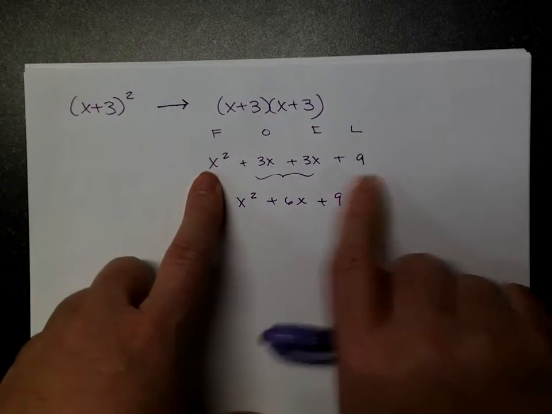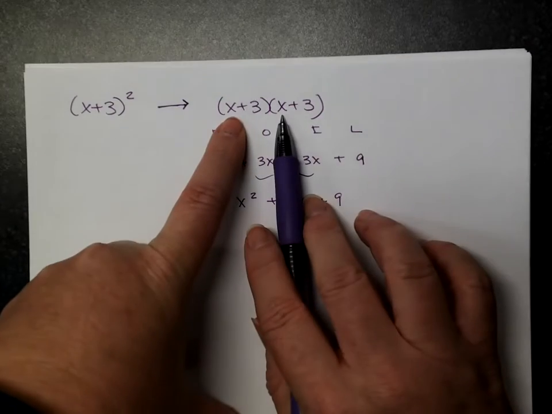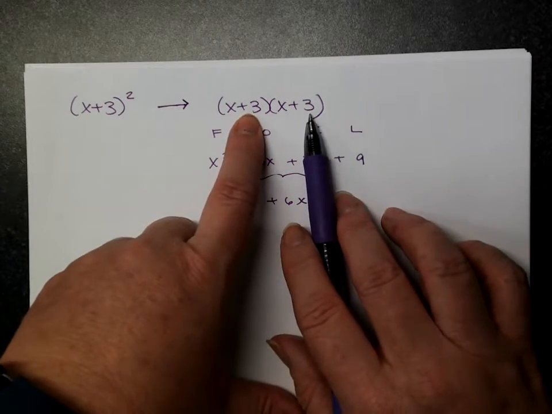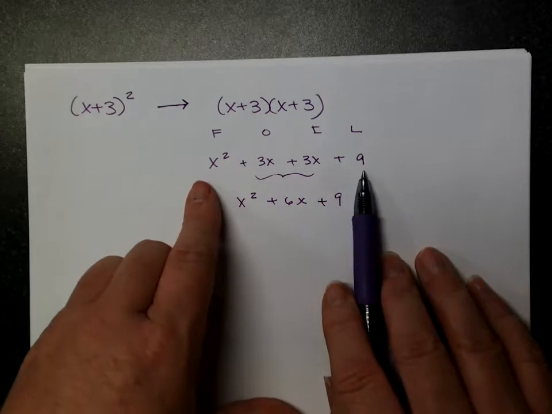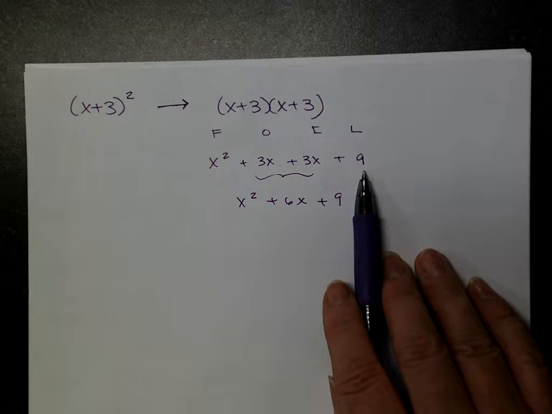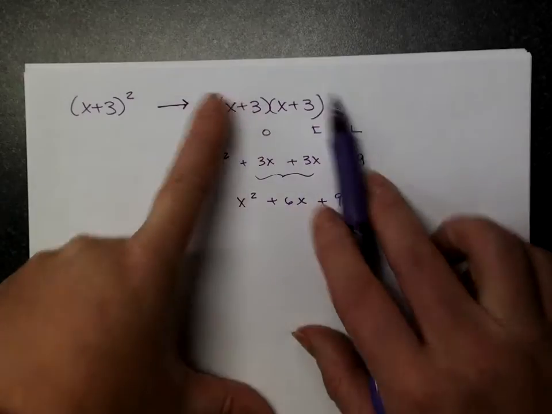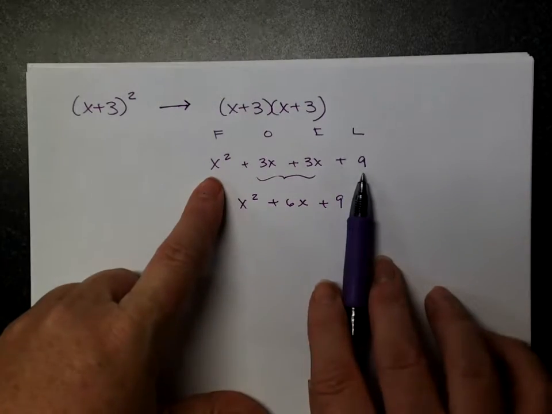If you look on the front end, F, x times itself, x squared. On the back end, 3 times itself, 3 squared. And 9 is a perfect square, because it has twin factors, 3 times 3. Okay? So the front end and the back end, the F and the L, are both perfect squares.